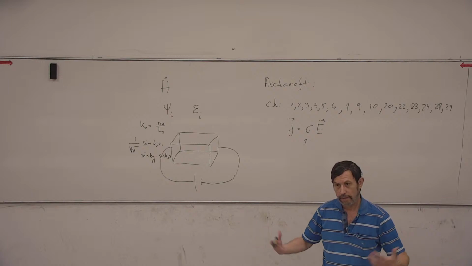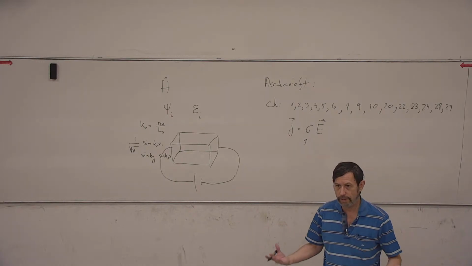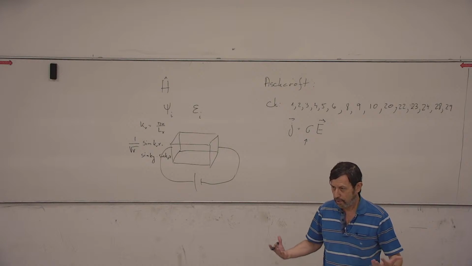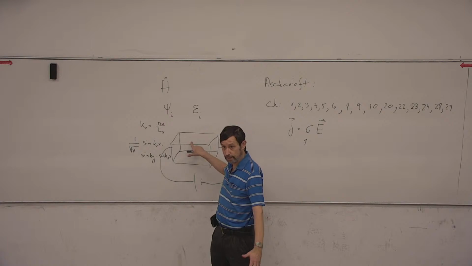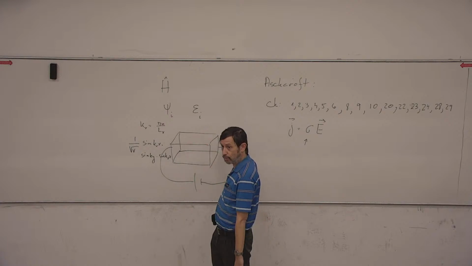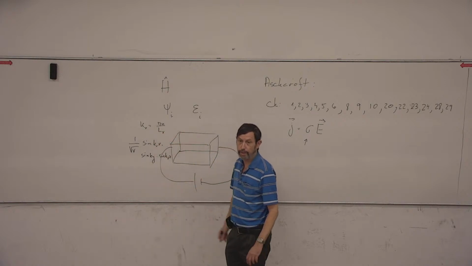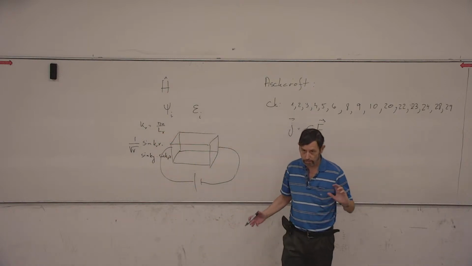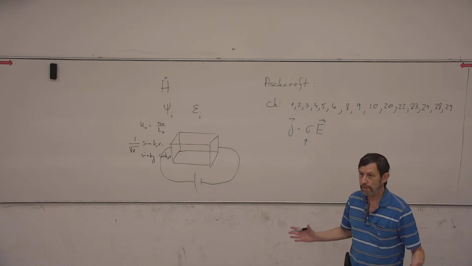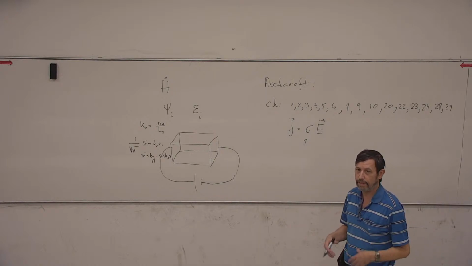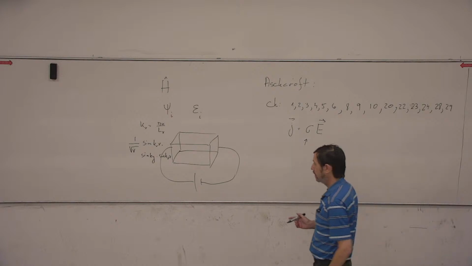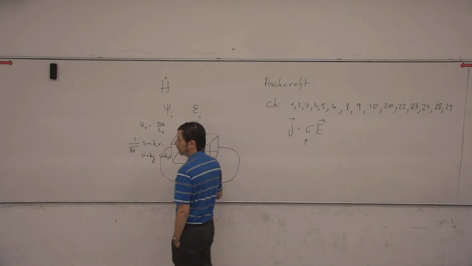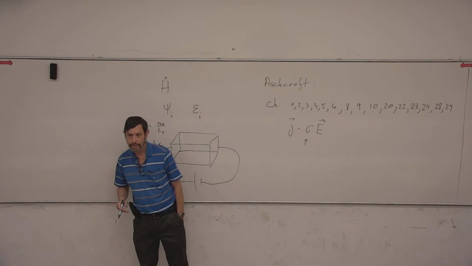The same way that you treat a scattering problem, you have an electron coming in with a definite k, and I'm asking what is the probability of it coming out, what is the probability of it being reflected. This is known as the Landauer-Buttiker formulation of the conductance problem.